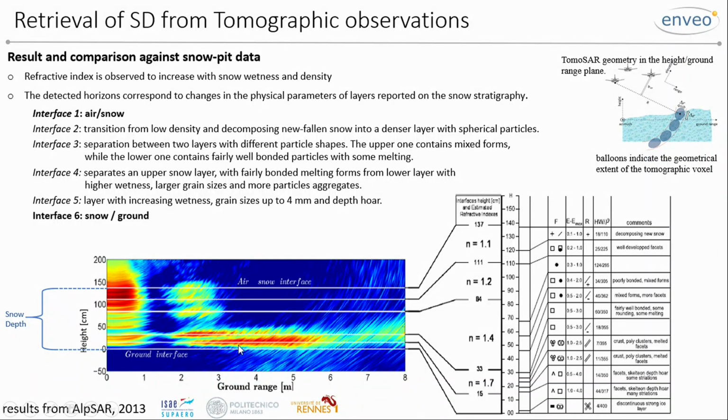These are internal layers. And then there's the air-snow interface here, and also the ground-snow interface, this part. And then, of course, when you're just interested in the snow height, you just subtract these from each other and get this information at the same time. This is something people are currently working on.